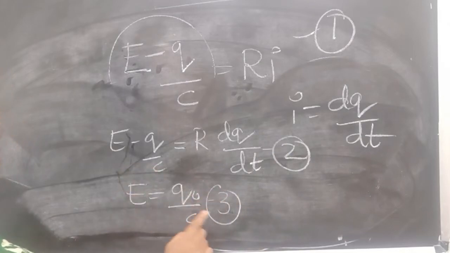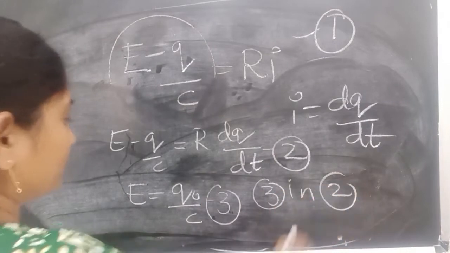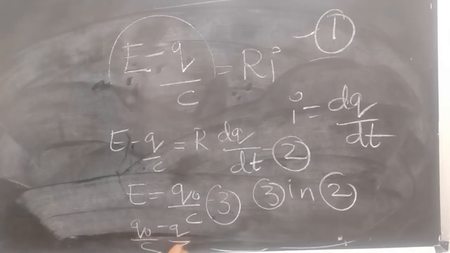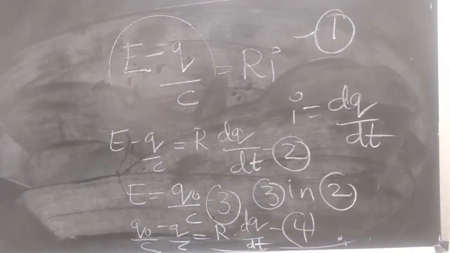Now substituting this 3 in 2, what we get here, you see? E means Q naught by C, minus Q by C is equal to R into dq by dt. This becomes equation 4. Please write that.